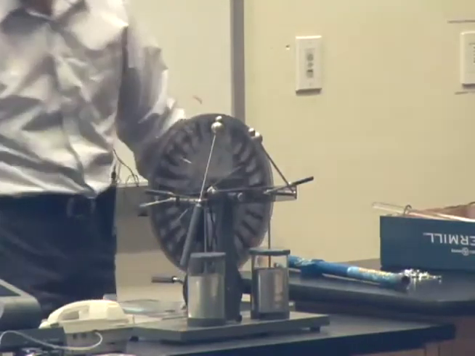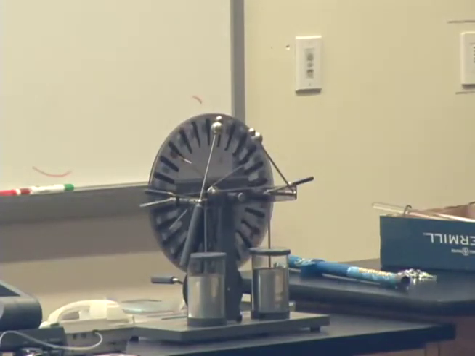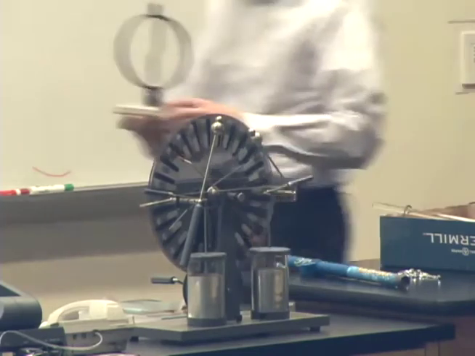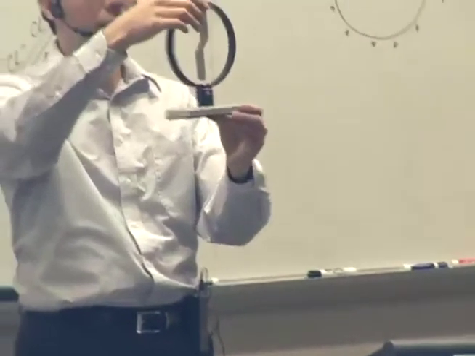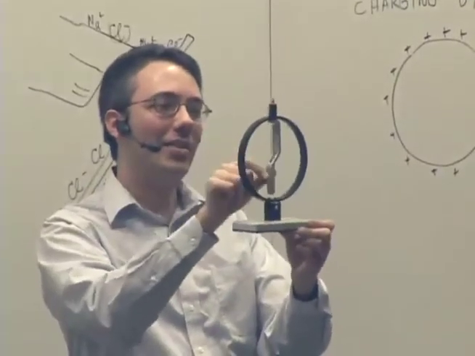And I should, where did our little scope go? There it is. I should be able to then bring this little device, which has a piece missing. Hopefully that's not going to affect anything. This is called an electroscope.